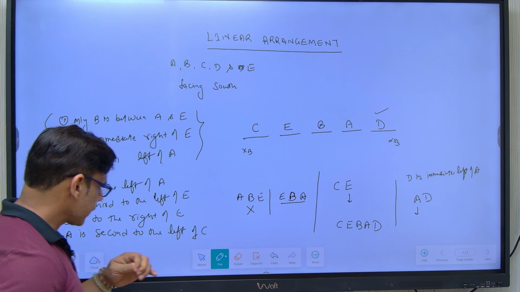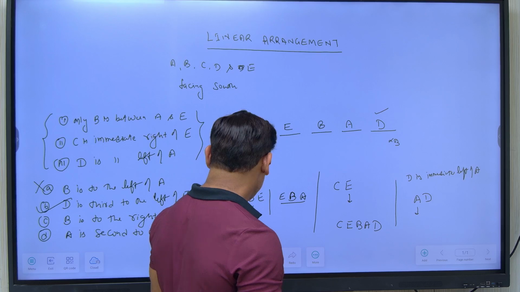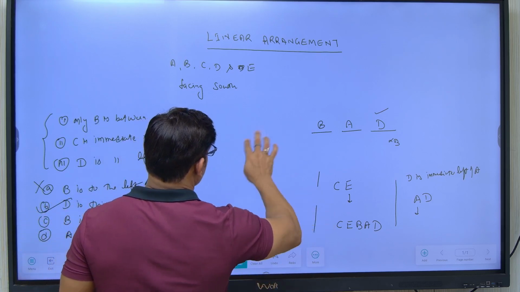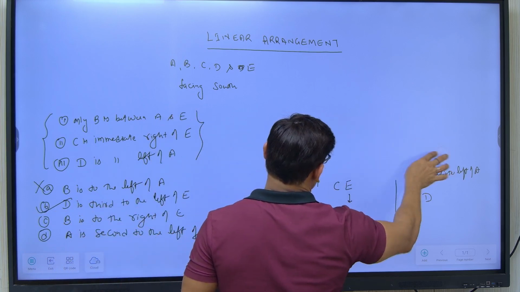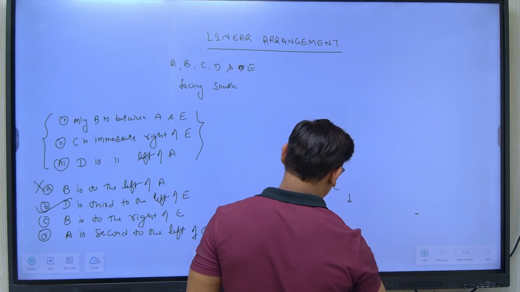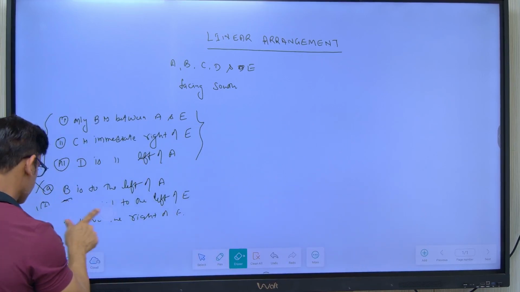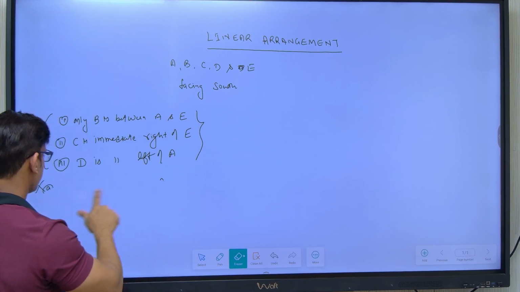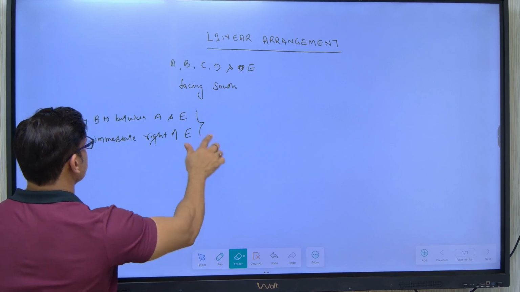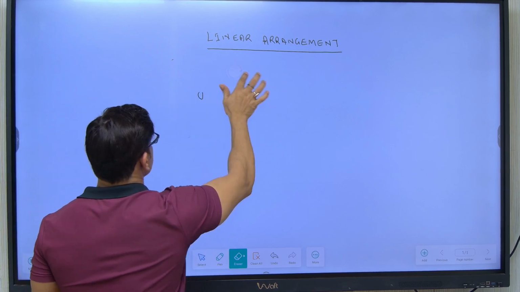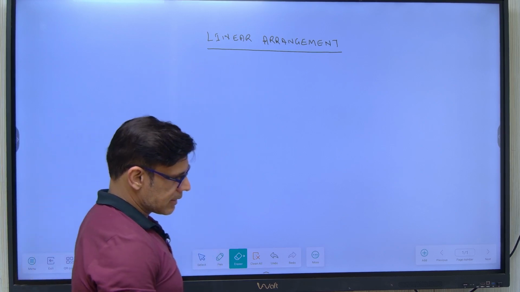Ready? Okay. Linear arrangement, right? Second example. See, the questions sometimes can be easy and at times can be difficult. Next question.